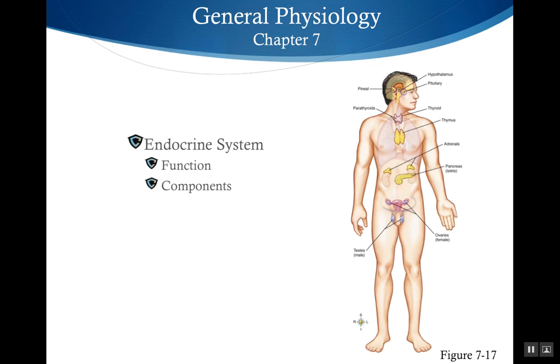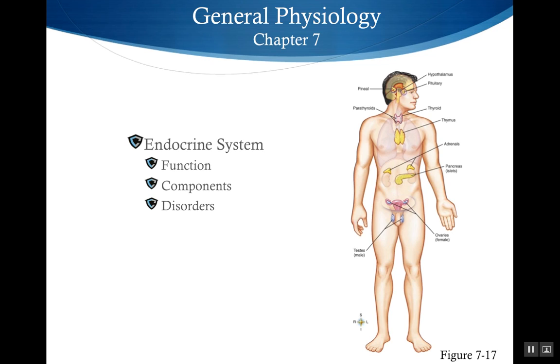The endocrine glands include the thyroid gland, the parathyroid glands, the ovaries, the testes, the pituitary gland, the pancreas, and the adrenal medulla. These glands are scattered throughout the body, as you can see here on this figure, but they function together as one system.